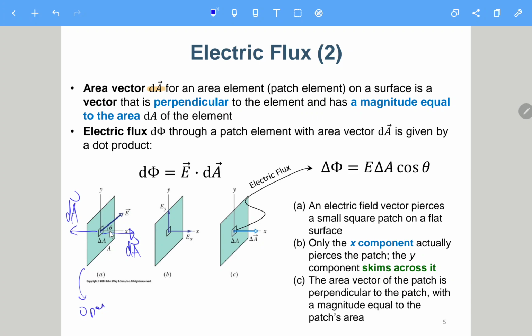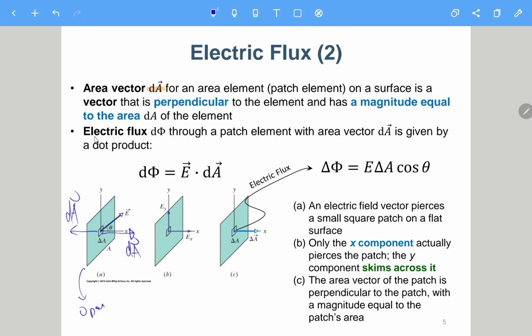It's still okay as long as dA is perpendicular to this plane. So the direction of the vector is perpendicular to the plane, and the magnitude is the area of this element. So we define the area vector.